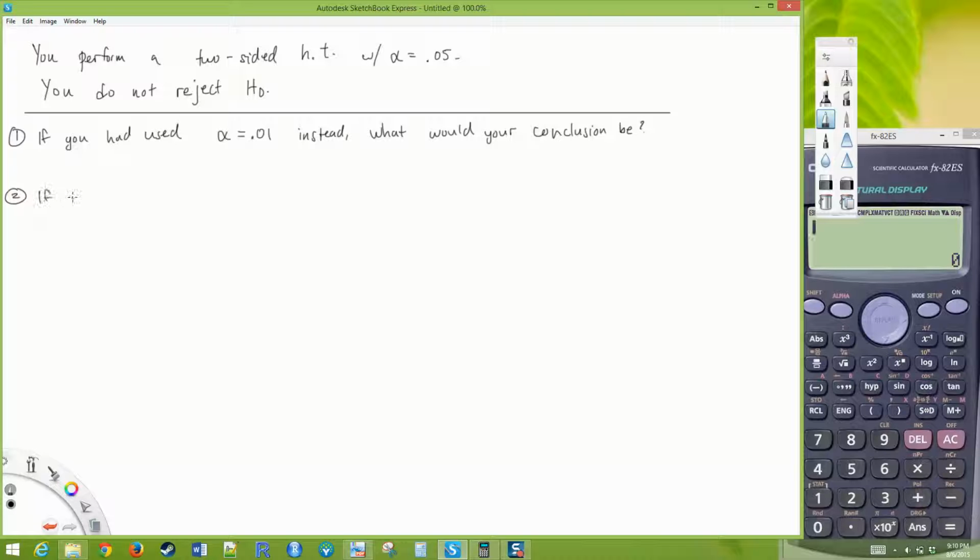And if you had used alpha equal to 0.10 instead of 0.05, what would your conclusion be? If you use the same data.